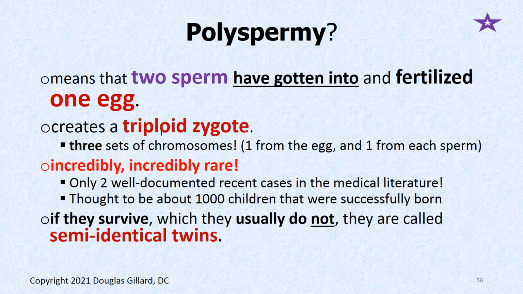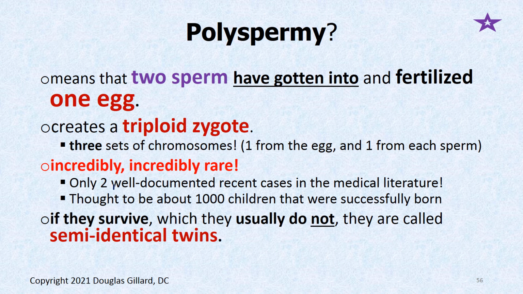It creates what's called a triploid zygote. So we have 23 chromosomes from mom, 23 chromosomes from sperm 1, and then another 23 from sperm number 2. So it's incredibly rare. In fact, there's only 2 documented cases that have been allowed to be studied in the medical literature.